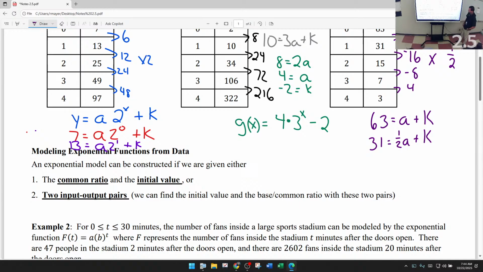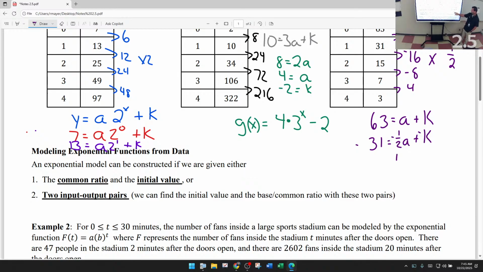Subtract them. You should probably start putting the first one first and this one second, because it'll subtract easier. This is going to be 1/2 a, subtract it.